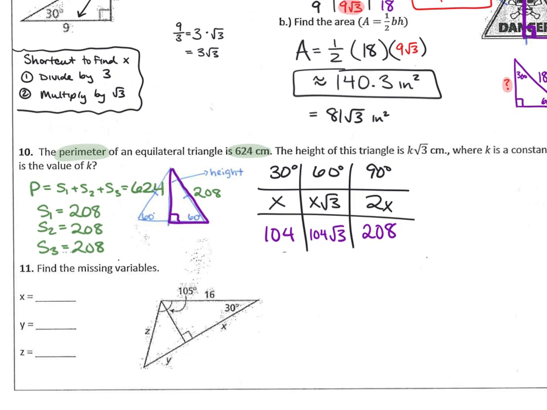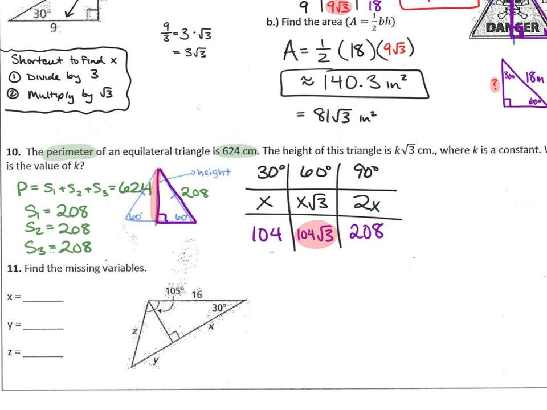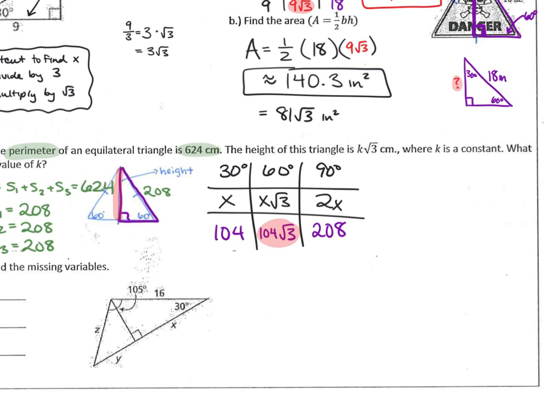It says, the height of this triangle, which, by the way, the height is across from the 60, is k square root of 3 centimeters, where k is an integer. So what is the value of k? Watch this. If I say the height is k square root of 3, I also know that the height is 104 square root of 3.